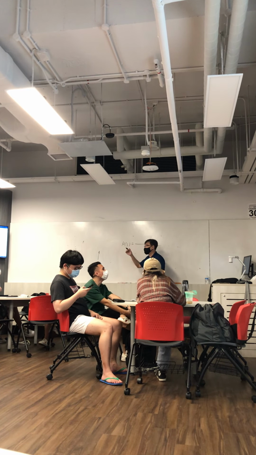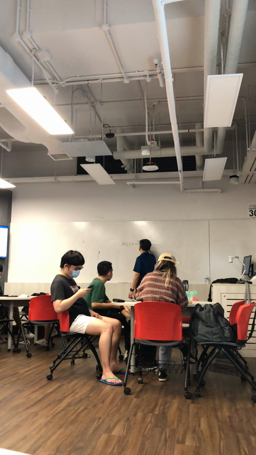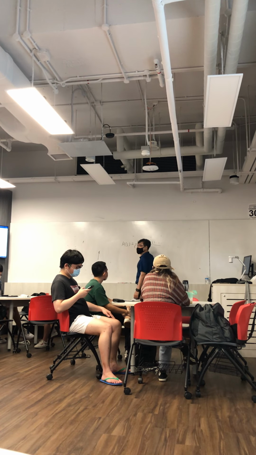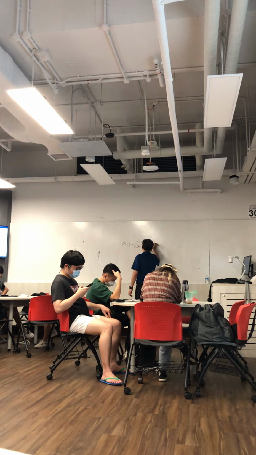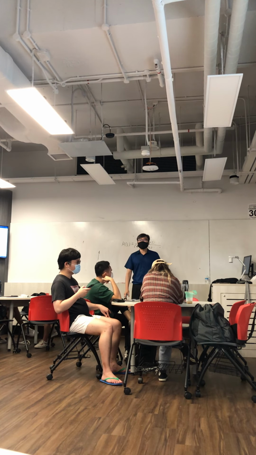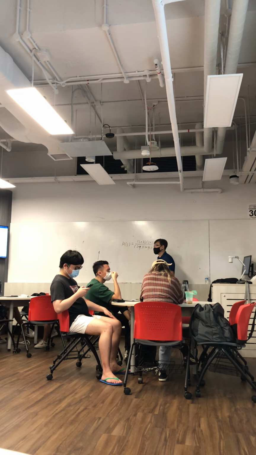I can always express it as something like A(S plus Z1)(S plus Z2) over (S plus P1)(S plus P2), all this. If I make the transfer function appear like that, can you tell me, will the magnitude go to 0 when any of these factors goes to 0?